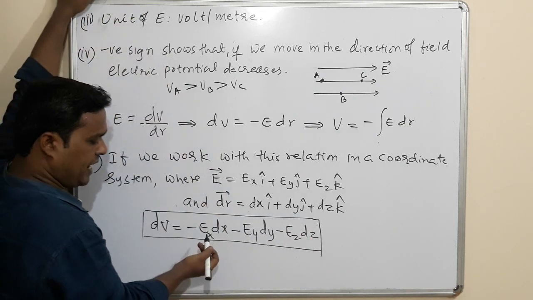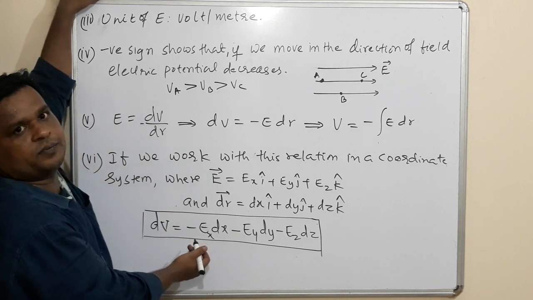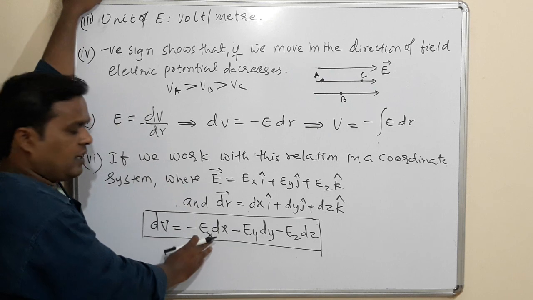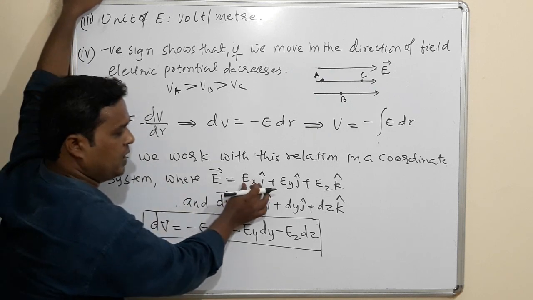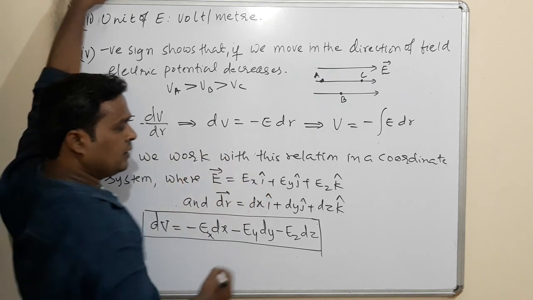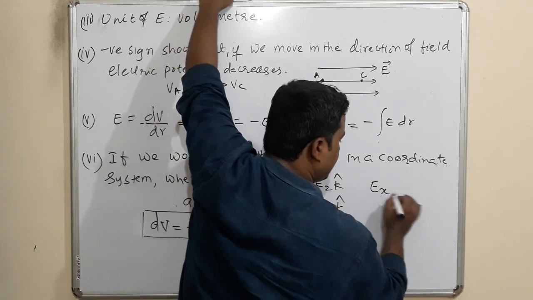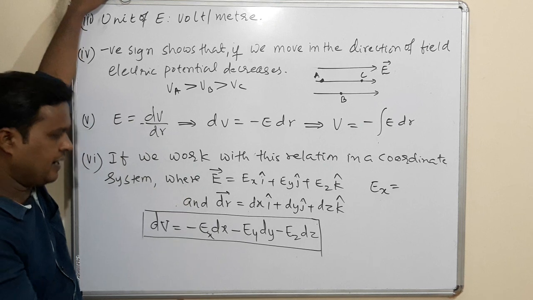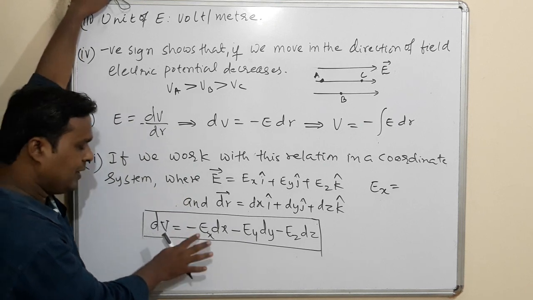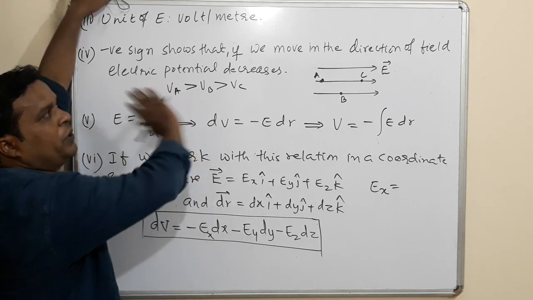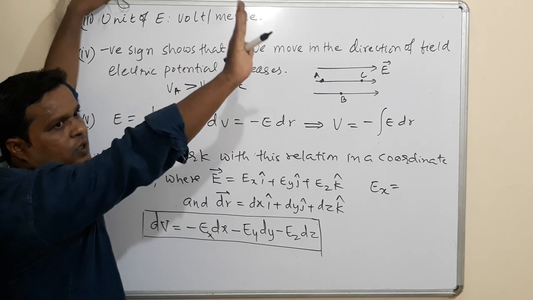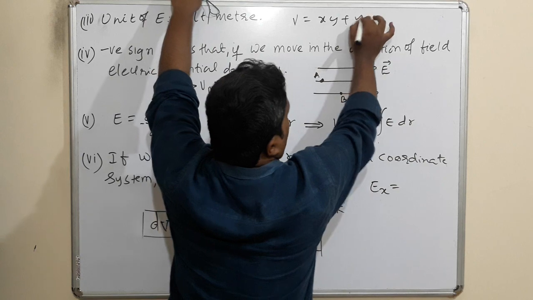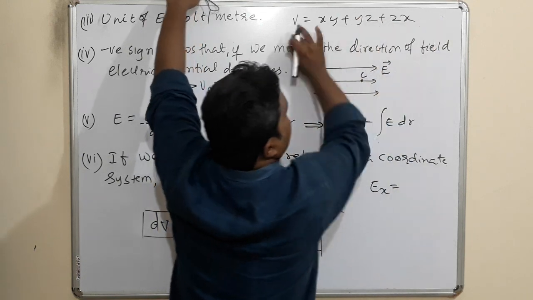If I want to find only one component of the electric field, the x component, I will take the potential function. We will understand it better in examples. The potential function may involve x, y, z. Suppose V is equal to xy plus yz plus zx. This is V given.